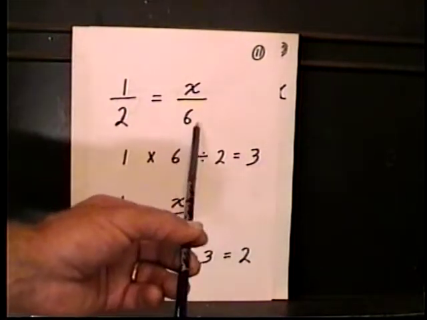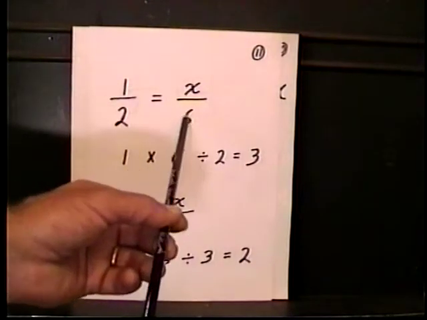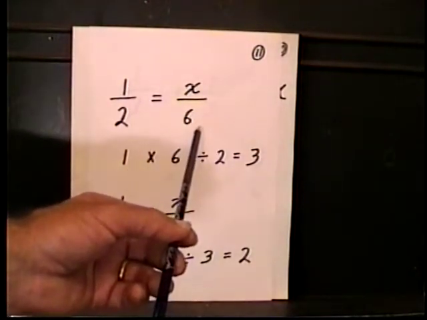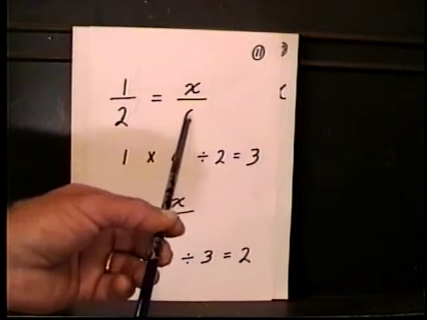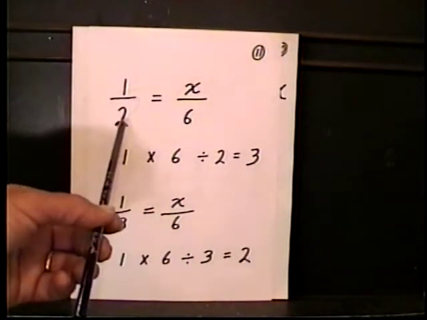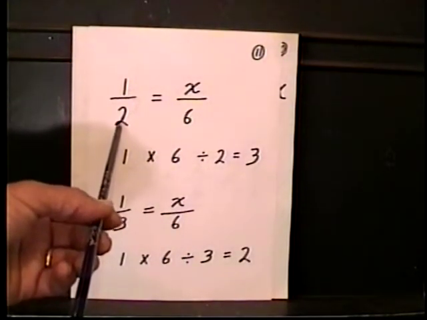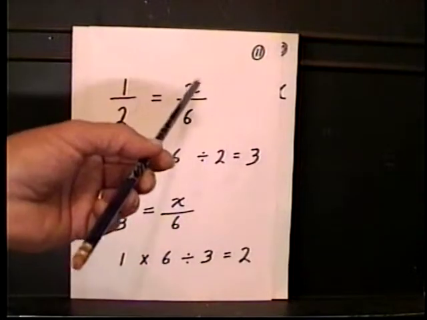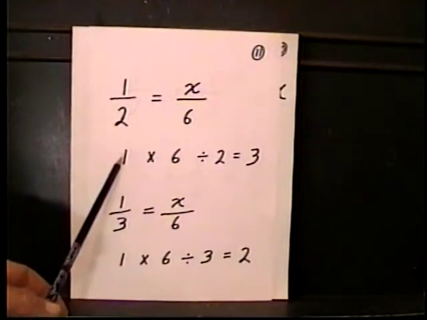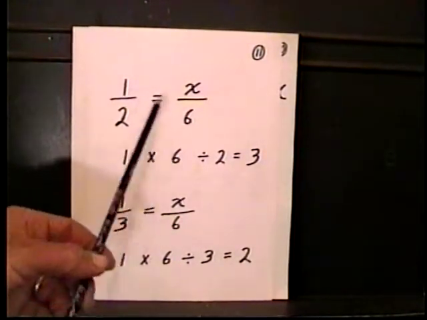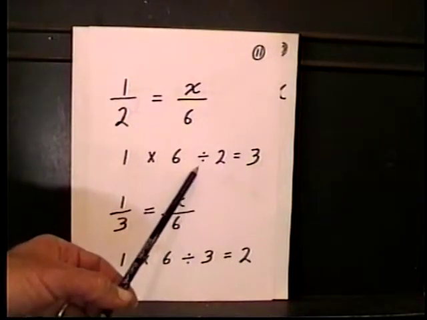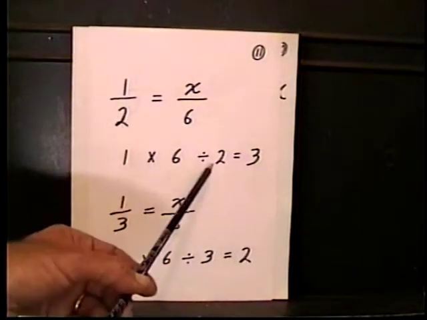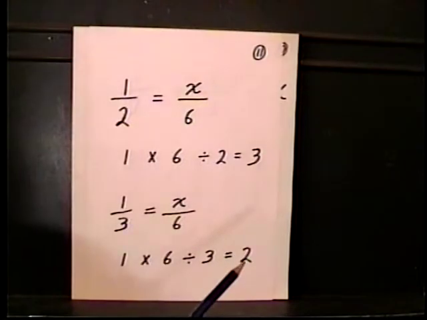We multiply 1 times 6 and you'll get 6. 6 divided by 2 is 3, so your answer 3 is there. And it looks like this: 1 times 6 divided by this 2 equals 3.